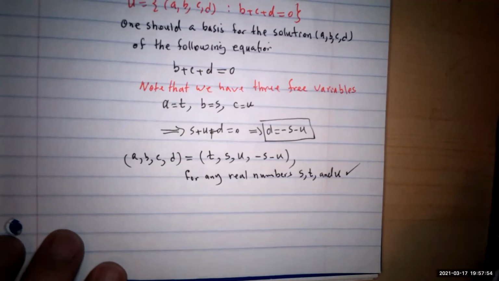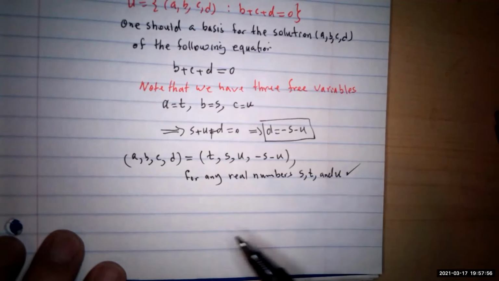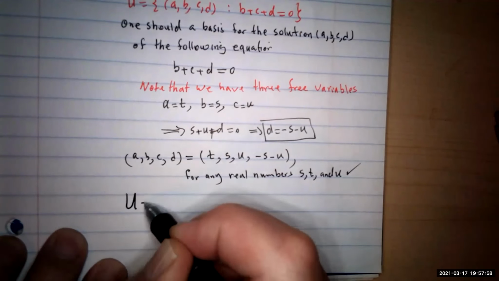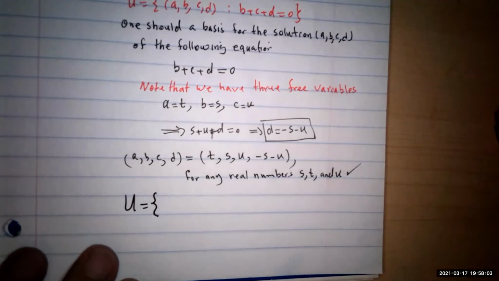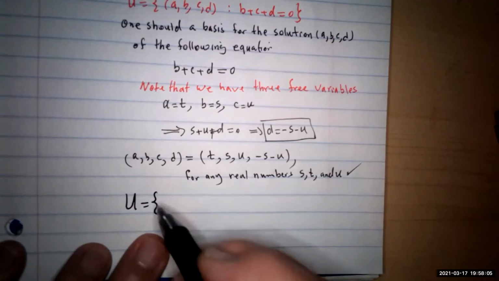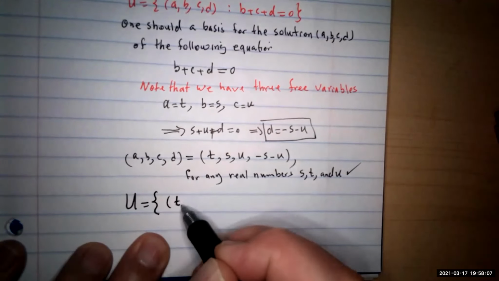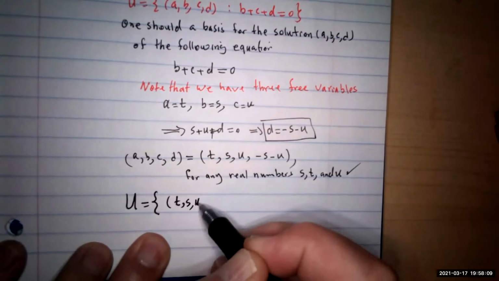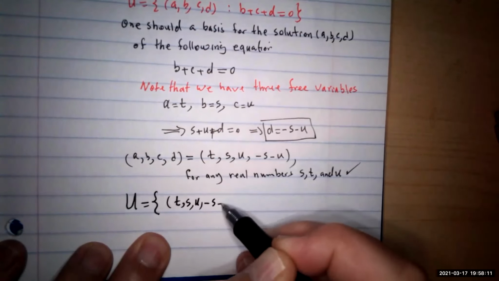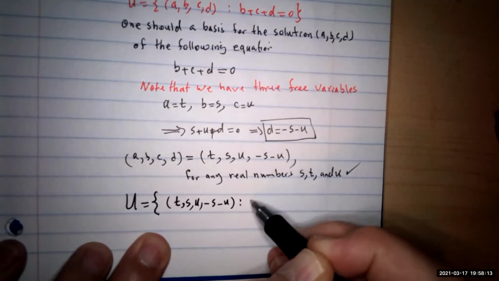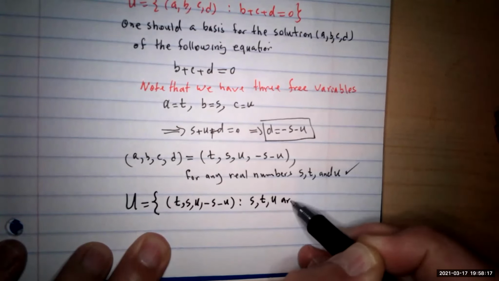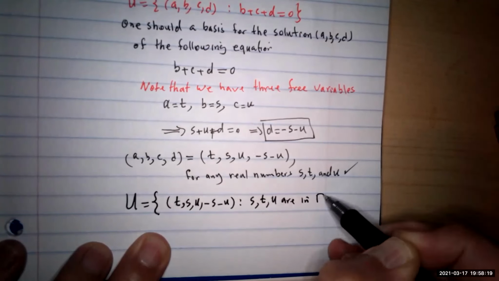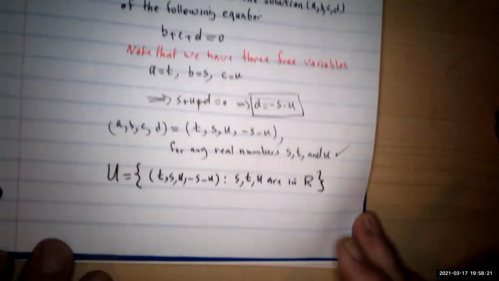So this basically means that your space, which was U, is going to be equal to these type of members: (T, S, U, negative T minus S minus U) when S, T, U are in R. This is your space.